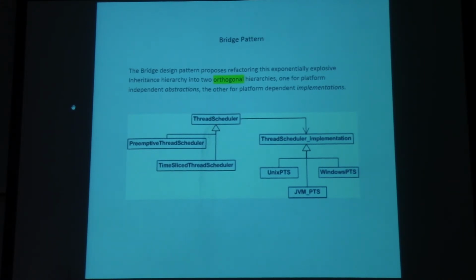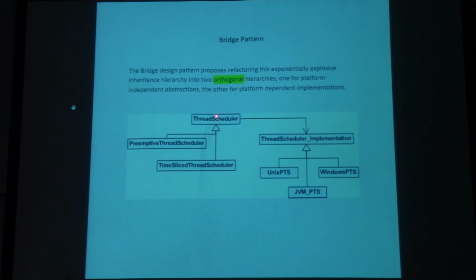So the idea looks like this. So we now have a thread scheduler, and this is an abstraction, it's going to be implemented by a preemptive thread scheduler and then implemented by a time-sliced scheduler. Okay? And now what we're going to do is we're going to have a thread scheduler implementation.